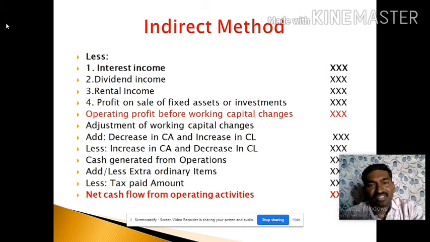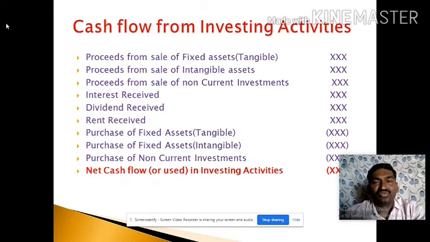So the next classification of the cash flow statement is cash flow from investment activities. This is totally related to fixed assets and non-current investments. There are two types of assets in a balance sheet: current assets as well as fixed assets.